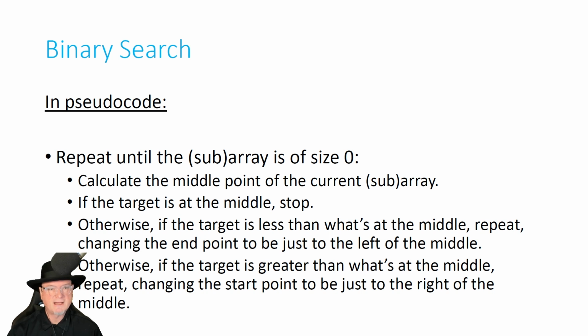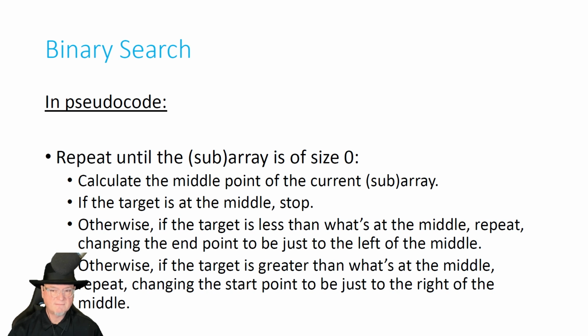So for binary search, the pseudocode that we're talking about here is, we're going to repeat the entire scheme until the array or the subarray is of size 0. First step, calculate the middle point of the current part of the array we're working on.